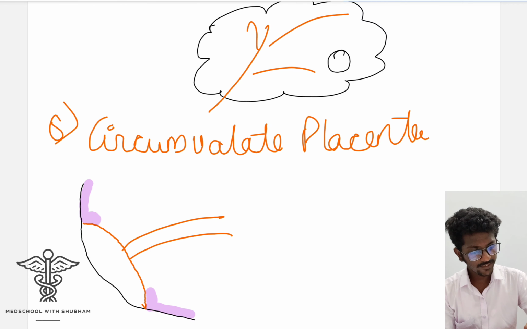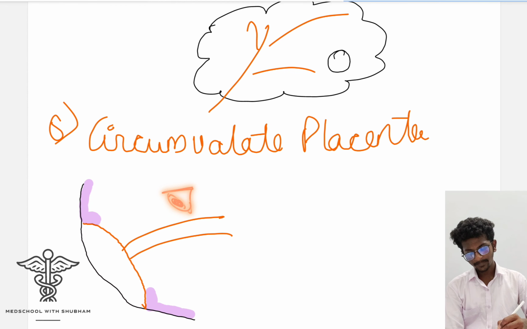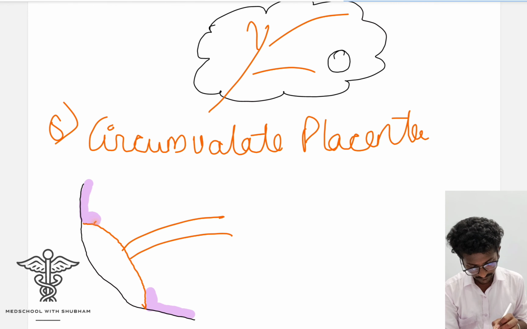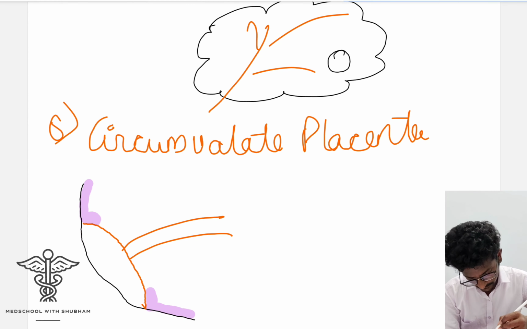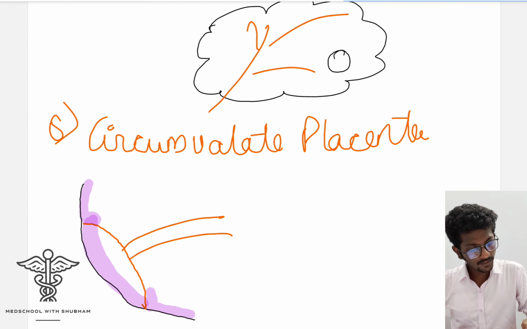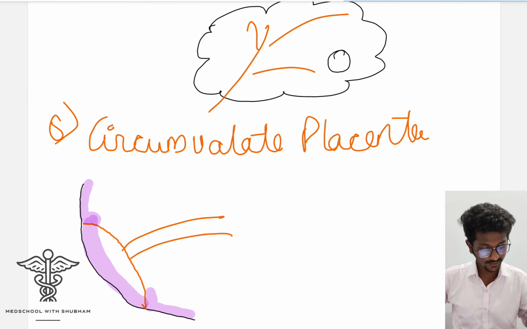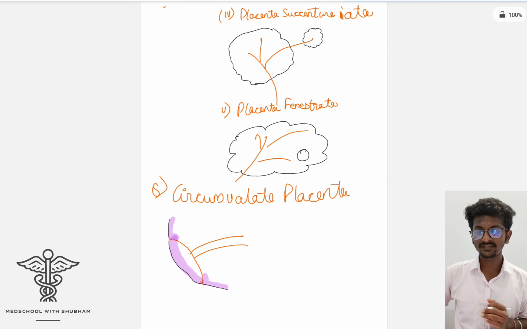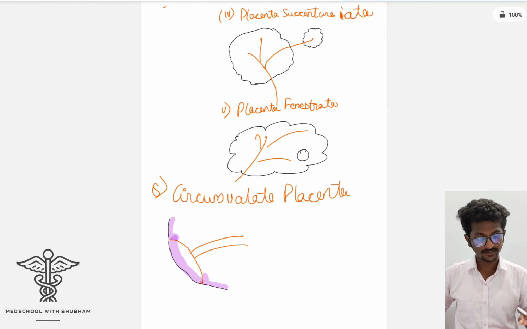Now, whenever you watch this placenta from above, you will think that the placenta is only this much. You can't see the placenta which is hidden in this part. The actual placenta will be there inside, but when you see from above, it will appear that only this much part of the placenta is there. This is called as circumvallate placenta. The decidua partly covers the placenta and it looks smaller than the original placenta.